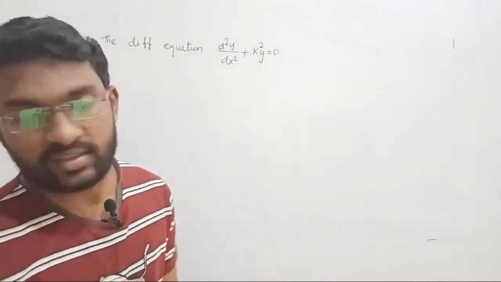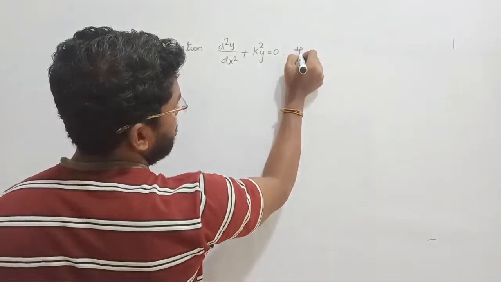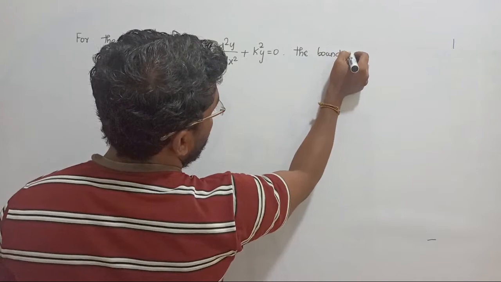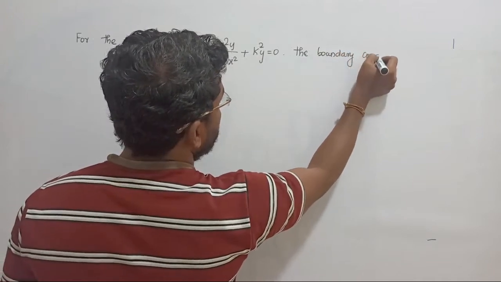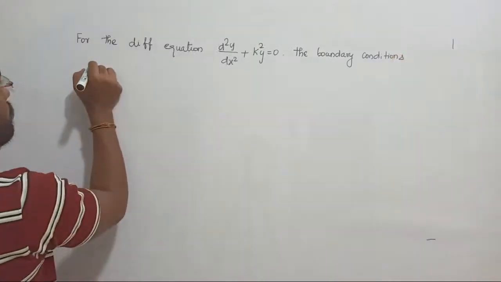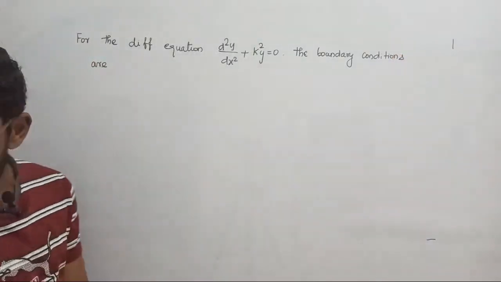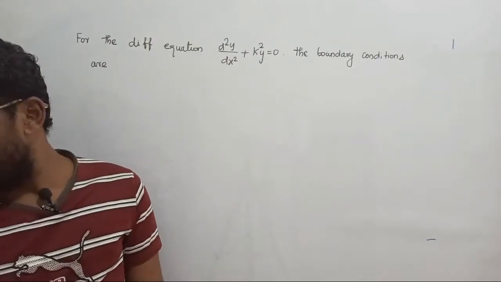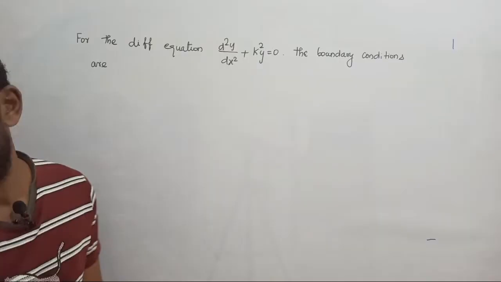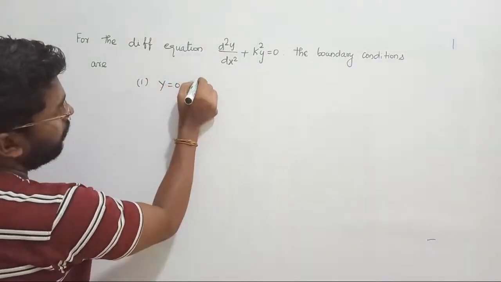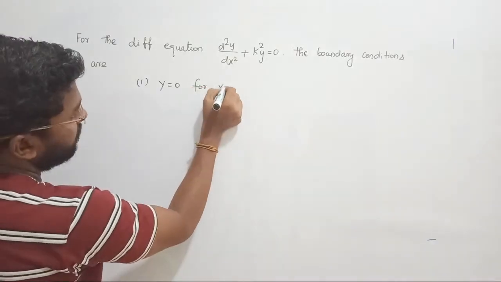The boundary conditions were given as y is equal to 0 for x equal to 0, and y is equal to 0 for x equal to a also. They have given 2 conditions. Condition number 1, y is equal to 0 for x equal to 0.